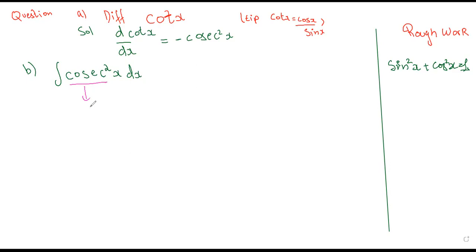What is this cosecant square x? 1 by sine square. No. We don't have to do 1 by sine square because we have already discussed that cosecant square can be a derivative. Oh yeah, cot x.